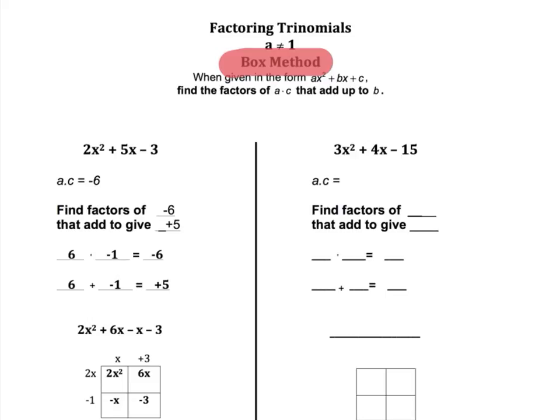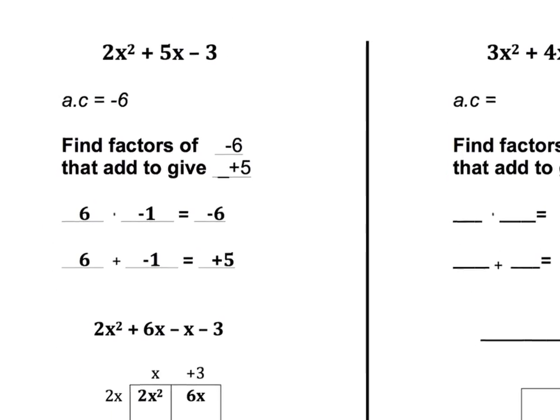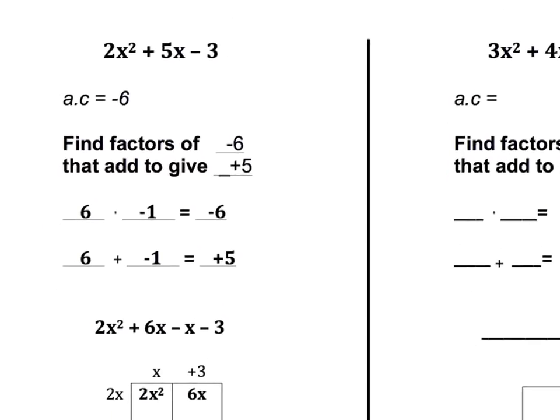Now let's see what we can do in this case. Now the first thing I need to do when I have a trinomial like that is I need to multiply the a with the c. So let's recognize what the a is, what the b is, and what the c is. A is a 2, b is a 5, and c is a negative 3.